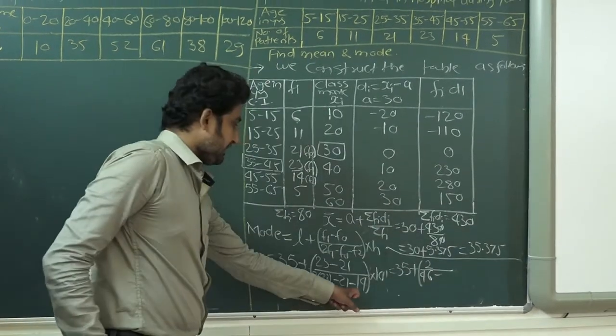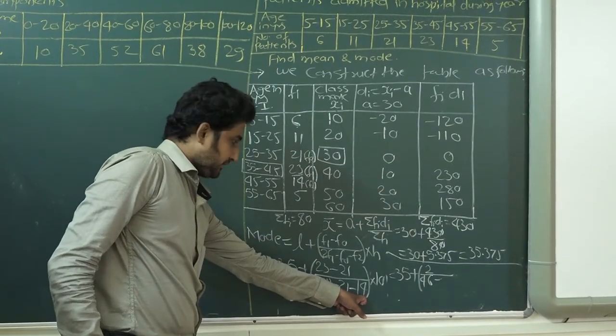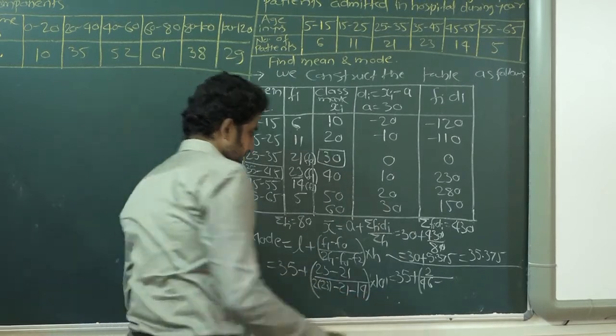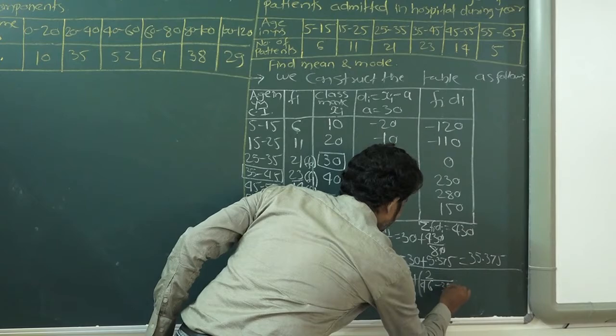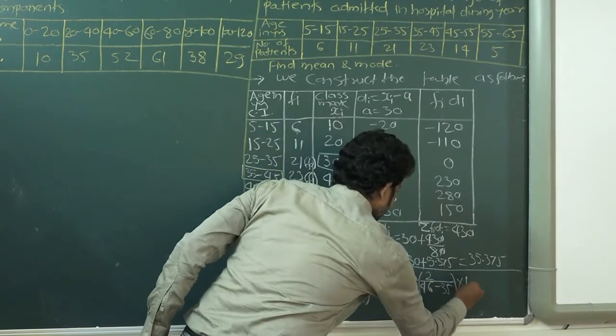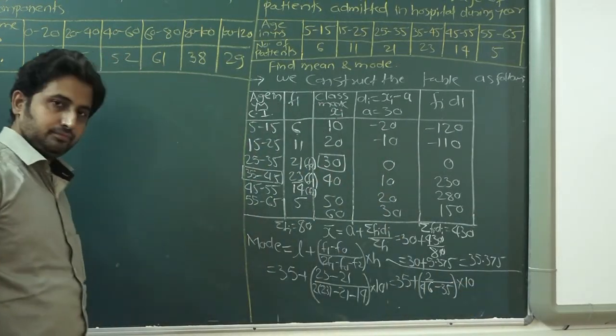And this is 21 and 14, minus 35, into 10, right?